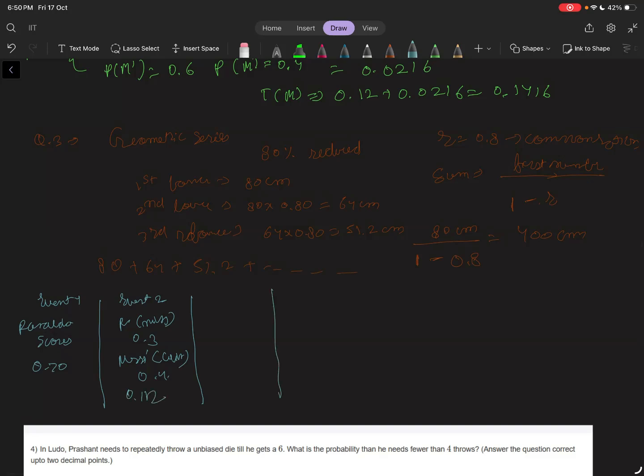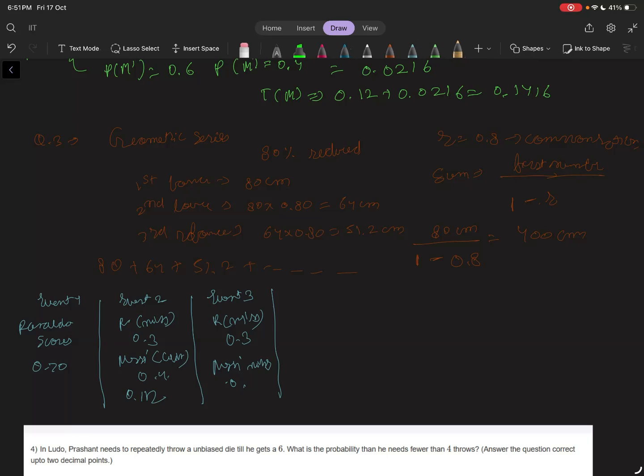There is another event for any given round. So each round has 3 events. The third event is that both miss. Ronaldo misses, we know the probability is 0.3, and Messi also misses. The probability of this is, I'm sorry, it's 0.6, not 0.4. 0.4 is scoring.